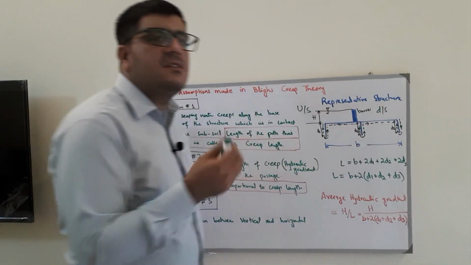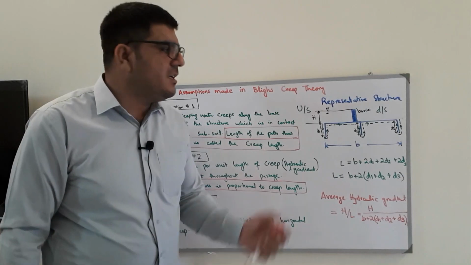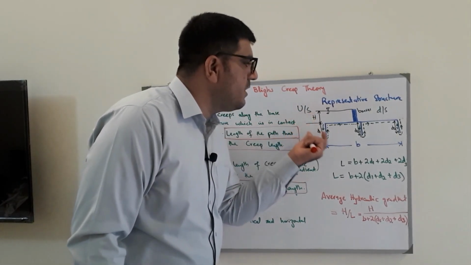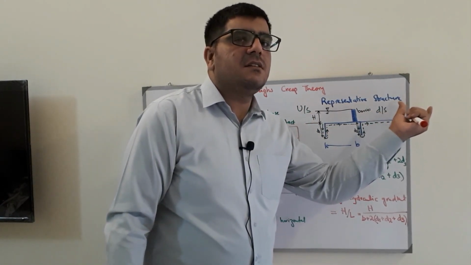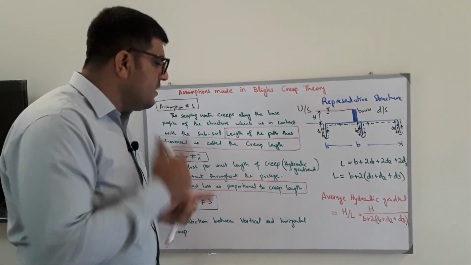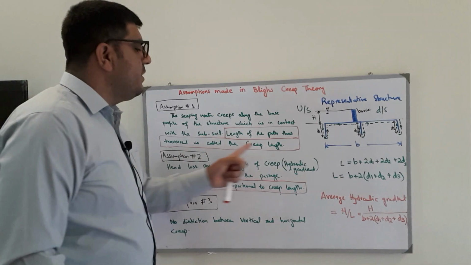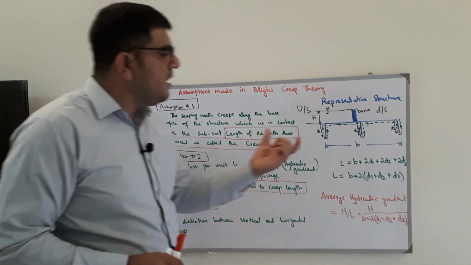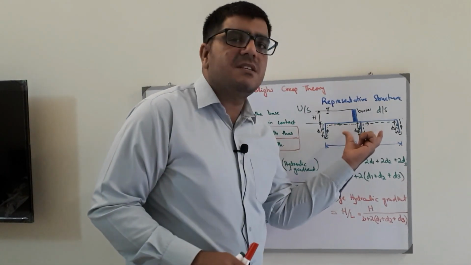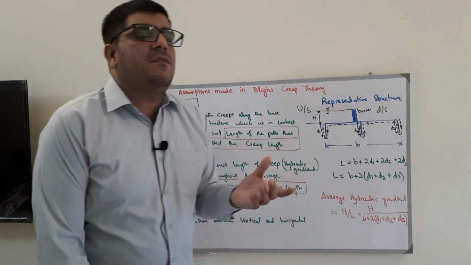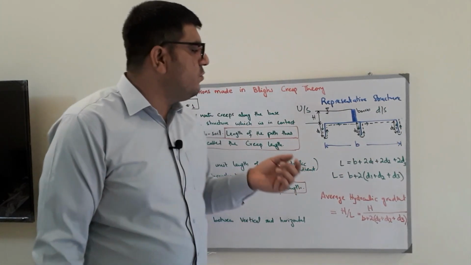This is the path traversed by the water particles, starting from the upstream and exiting from the downstream side. The length of this path is called the creep length. Now in this representative structure, what should the creep length be?